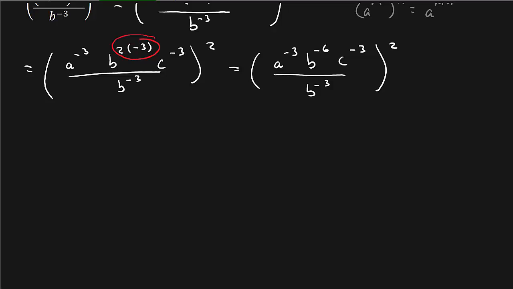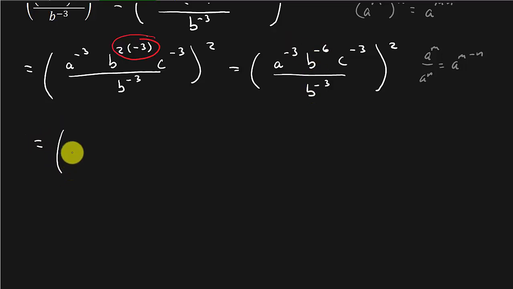Now our property tells us that a to the m over a to the n is a to the m minus n. So if you're dividing like bases, you can subtract the exponents, and that's exactly what we have here with the b to the negative 6 and b to the negative 3.